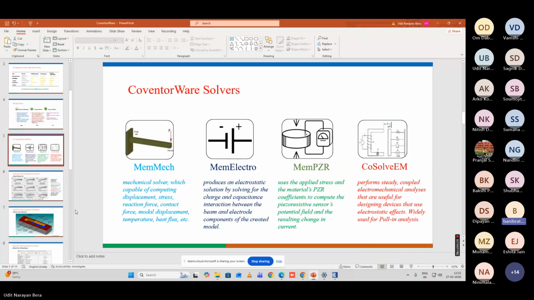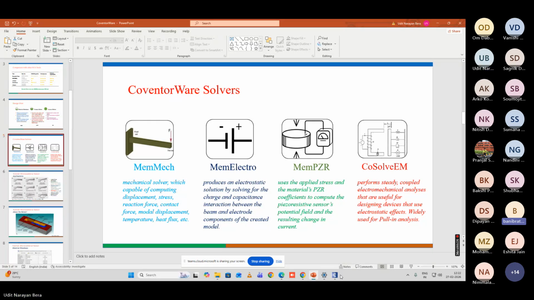By checking the output, you need to decide whether that output is proper or not, whether I can go ahead with it or not. If you are satisfied with the simulation performance, then only you will go for the actual fabrication, right? That will reduce your effort, cost, time, everything.